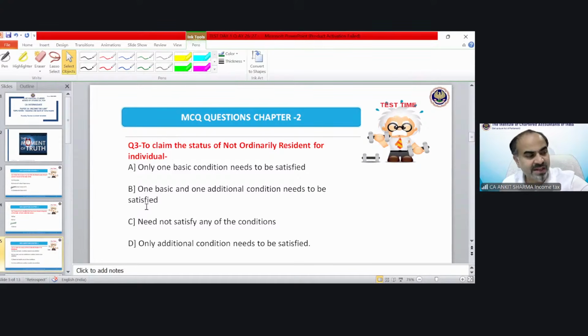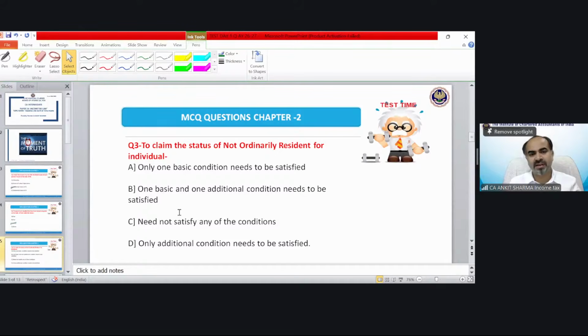Someone is saying A. But if it is A, that is only one basic condition. Basic condition means category A and B, the main condition. So even if a basic condition has been fulfilled, how would you become not ordinary resident?